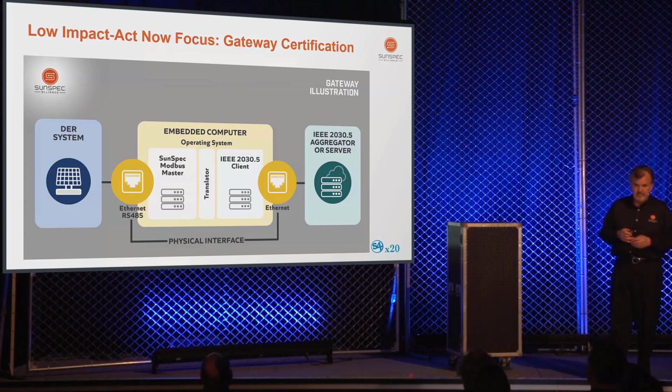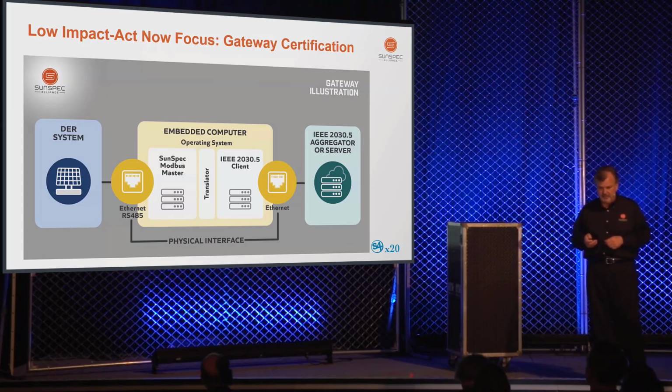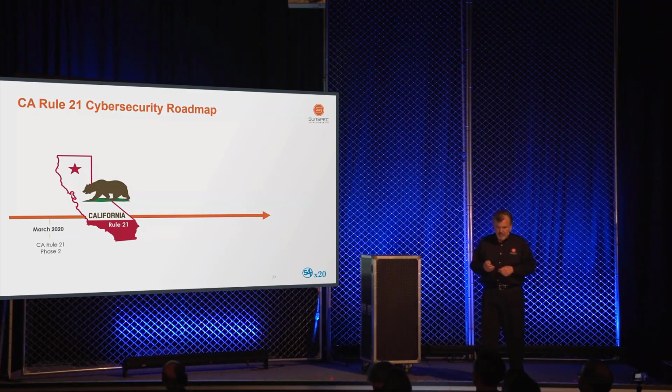There is a TLS or a secure version of Modbus available, and we'll certify to either one of those standards. And the Modbus, of course, can be fed keys off the same PKI infrastructure that we set up for the 2030.5 system.